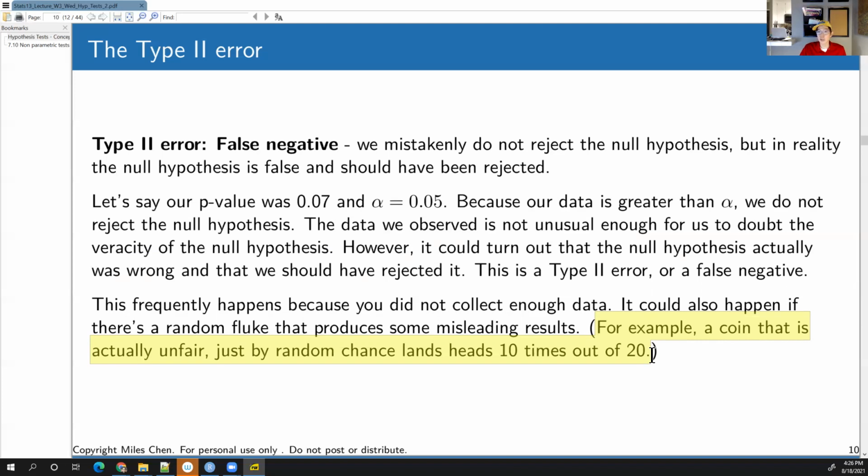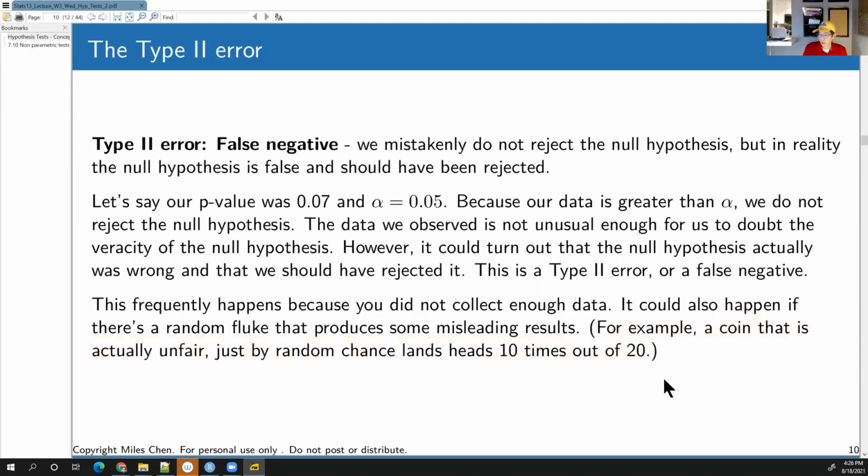We're going to say, we don't have any reason to believe that it's an unfair coin because I got 10 heads out of 20. Okay. Now remember, we're not concluding based on getting 10 heads out of 20 flips that the coin is definitely fair. We're just saying I have no reason to doubt that it's a fair coin. I have no reason to suspect that it's an unfair coin, but it could actually be an unfair coin.